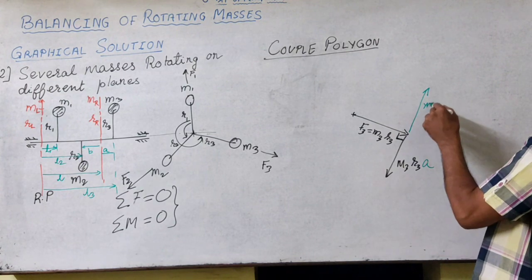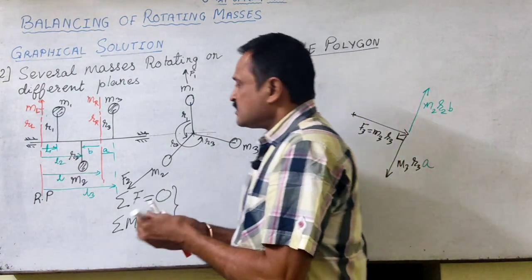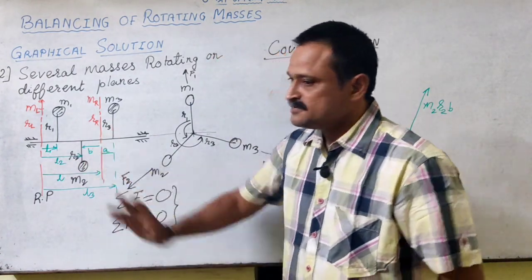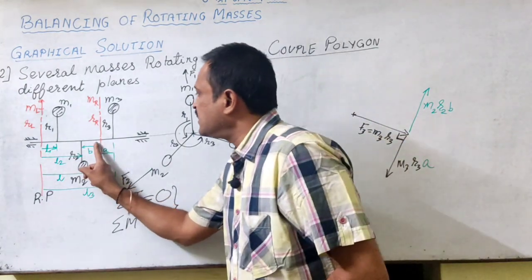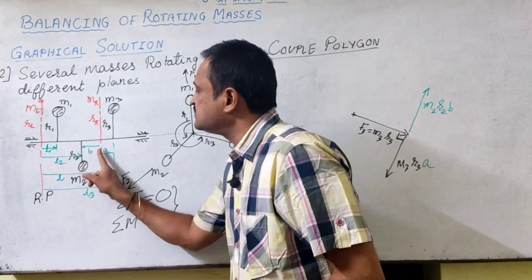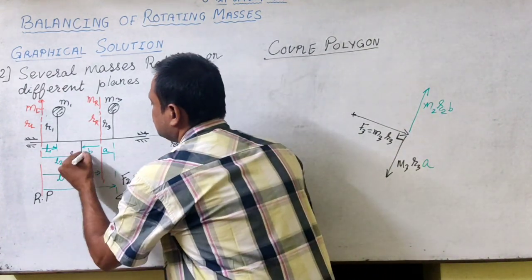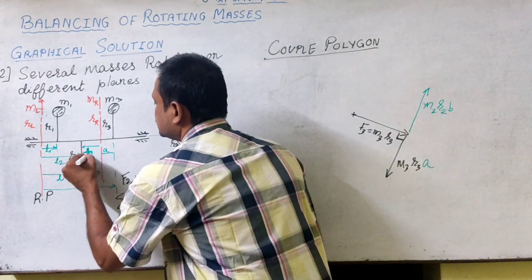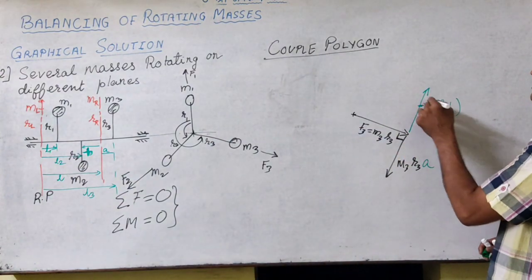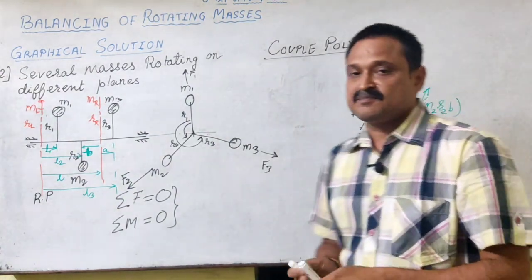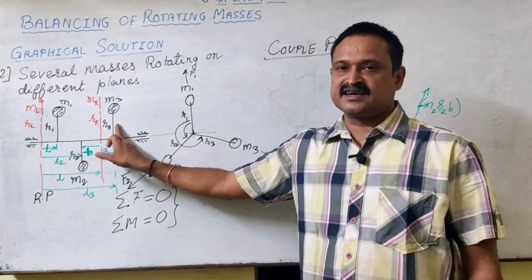So this will be M2 R2 B. When the forces are on the same side, if this is the reference, say this is A, then this will be minus B, isn't it? It is opposite to the reference plane. That means this couple is opposite to this couple vector.